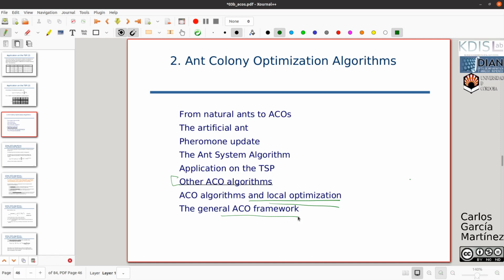In fact, we will end these slides with two particular and very interesting applications.